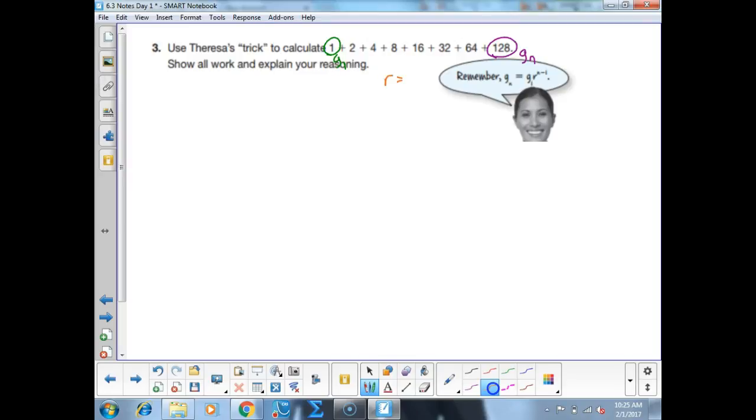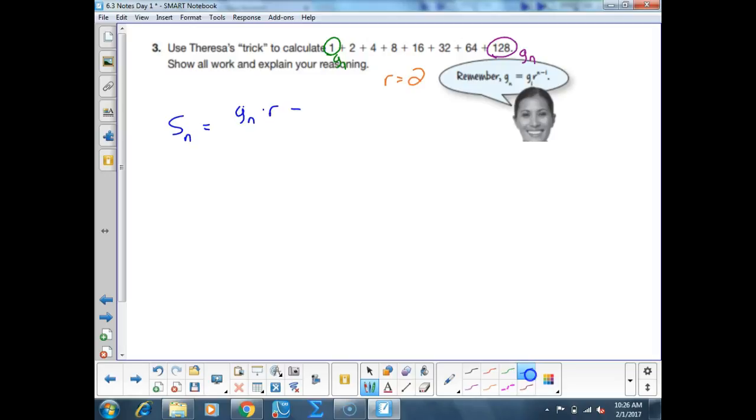Multiplying by 2, so R is 2. So the sum of the first n terms is G sub n times R minus G sub 1 all over R minus 1.